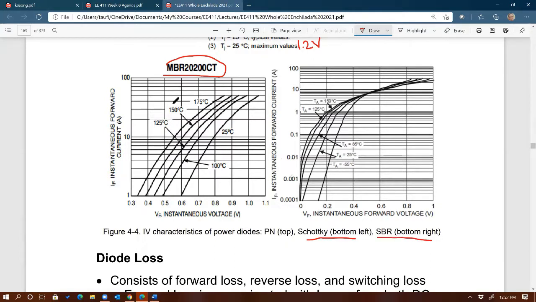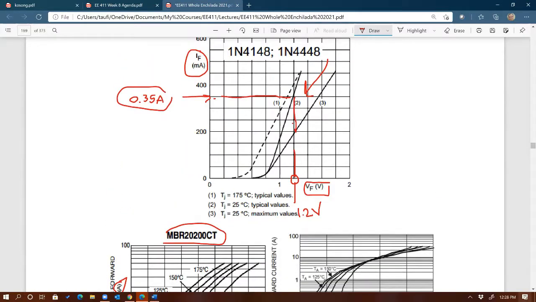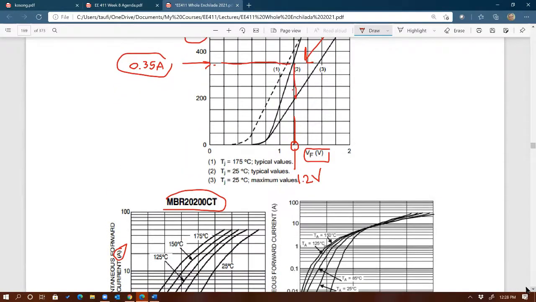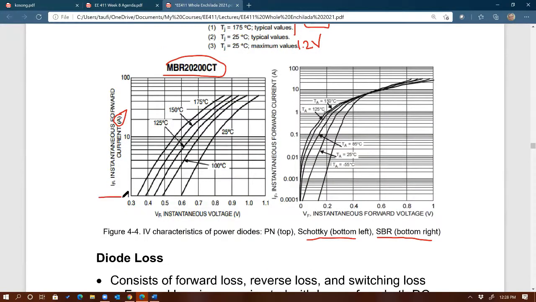Okay, so here's the Schottky's IV characteristics. And wow, this is already amps, as you can see. It's not milliamps anymore like the PN junction. What current do we have there? 0.35 amps. I don't think we can read that here. The lowest is 1 amp.